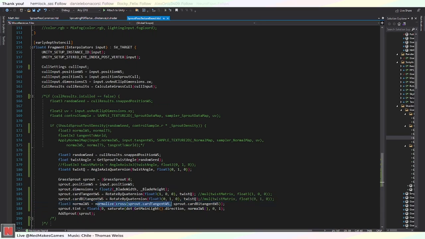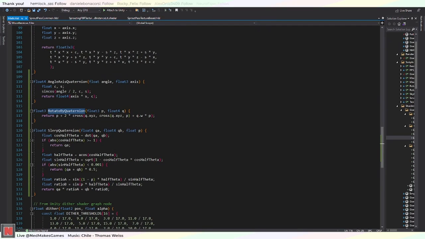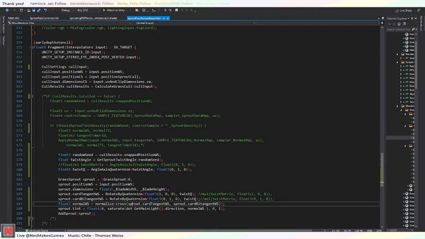Okay, and it is faster to do it the normal way instead of rotating by the quaternion again, because when we rotate, we have 2 cross products, whereas here we just have 1 cross product.